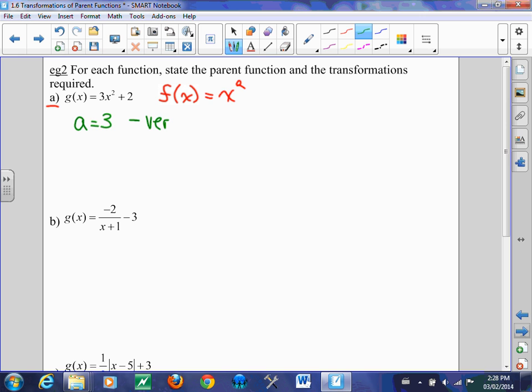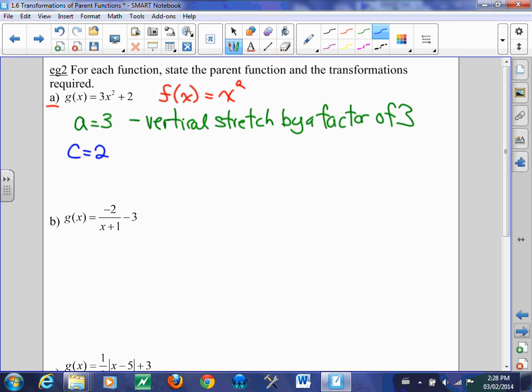That we have a vertical stretch by a factor of 3. Okay, and we also know that c equals 2, and that's a vertical translation, and if it's positive 2, that means we're going up 2. All right.